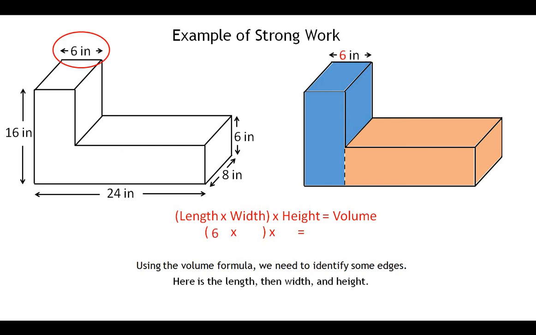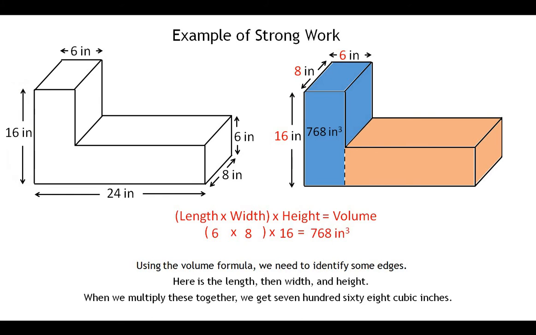Here is the length, then width, and height. When we multiply these together, we get 768 cubic inches.